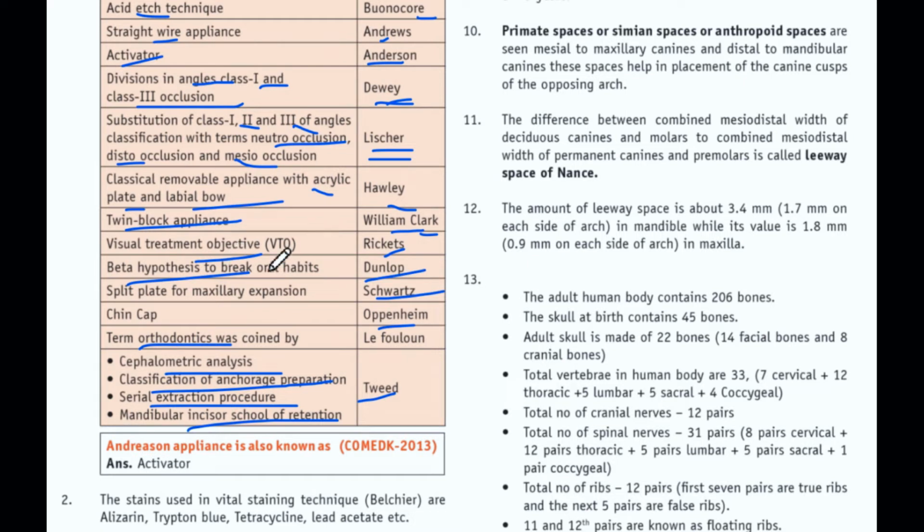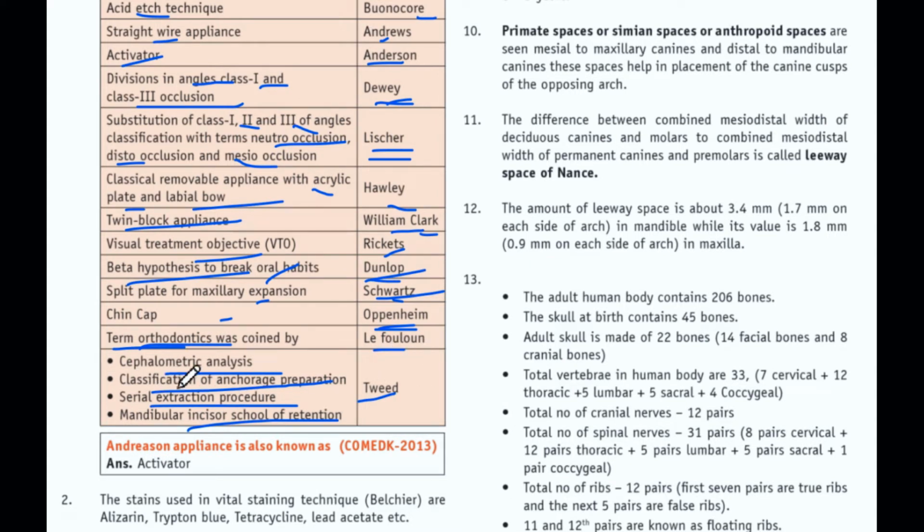VTO, visual treatment objective, by Ricketts. Beta hypothesis to break oral habits, by Dunlop. Schwartz introduced split plate of maxillary expansion. Chin cap, by Oppenheim. And orthodontics, the terminology was coined by Lee Fullon.